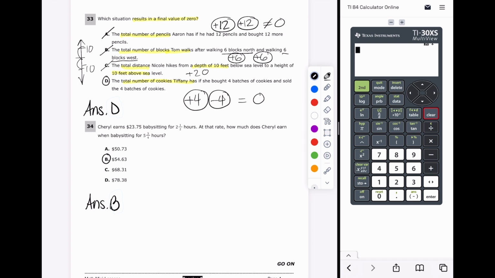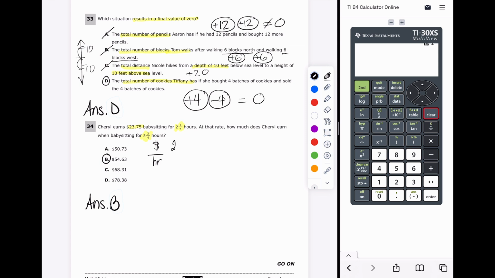Number 34. Cheryl earns $23.75 babysitting for 2.5 hours. At this rate, how much does Cheryl earn for babysitting for 5 3/4 hours? Cool beans. One way, we could think of this as a rate problem. How much is she getting per hour? So money over hours.